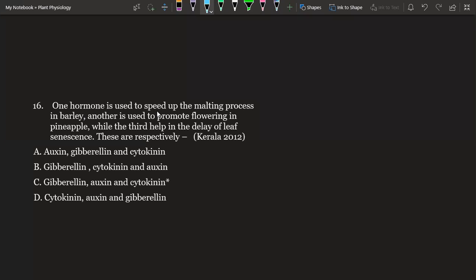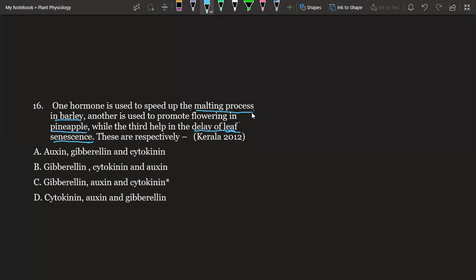One hormone is used to speed up the malting process in barley. Another is used to promote flowering in pineapple. And the third one helps to delay leaf senescence. What is the combination? Say first, second, third, we have to see here.